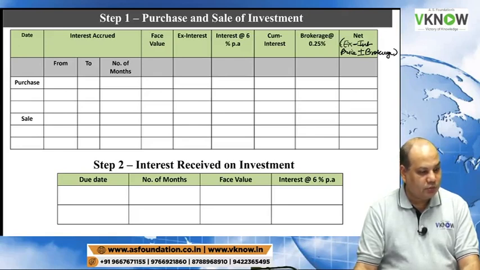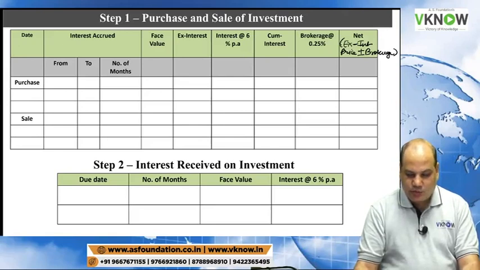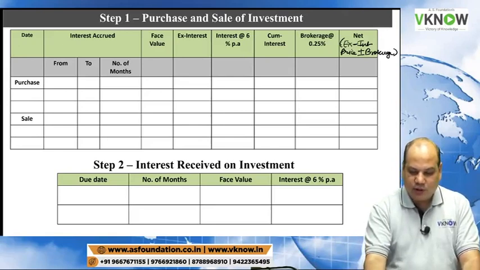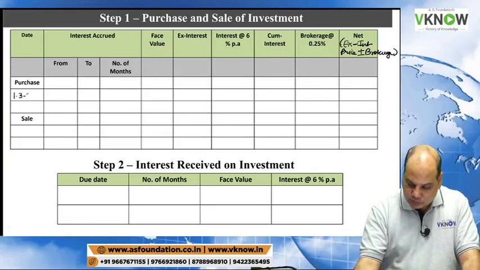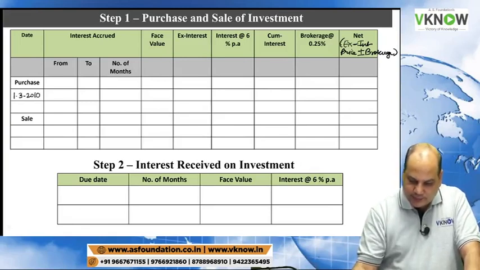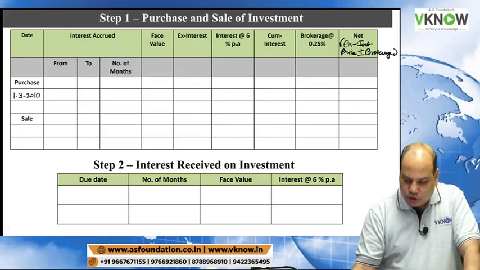First, write down purchases. Question is very clear. They have nicely given you purchase date 1st March 2010. Interest due dates are 30th June and 31st December.